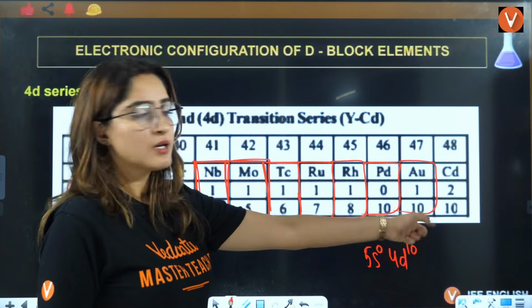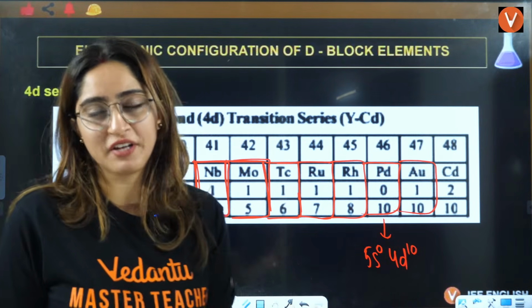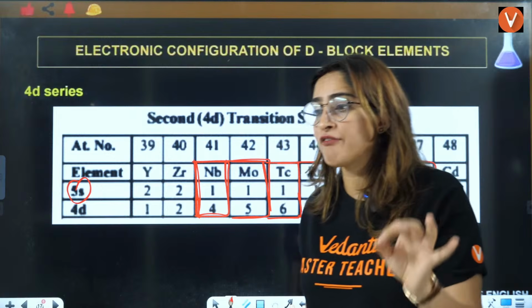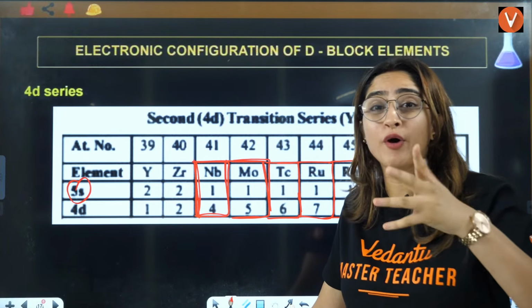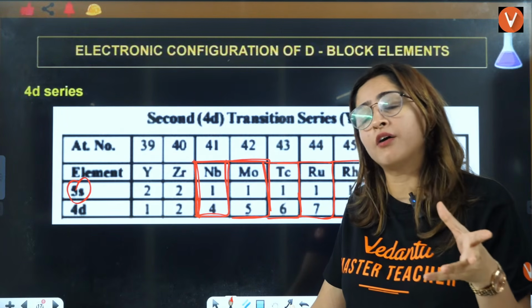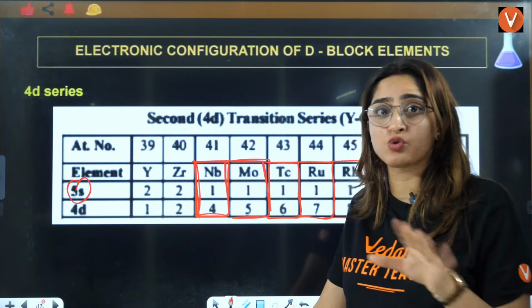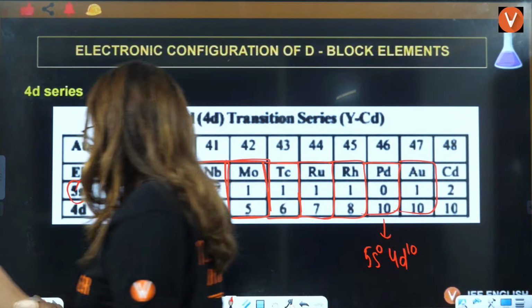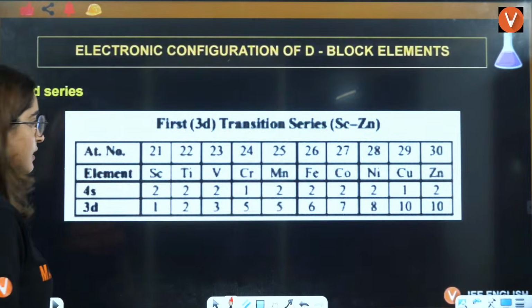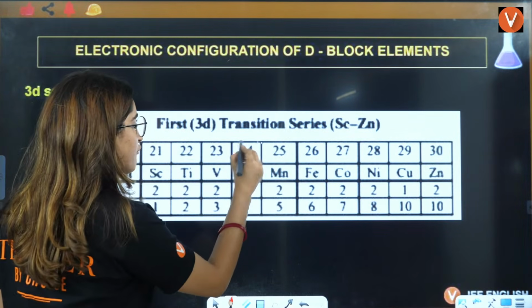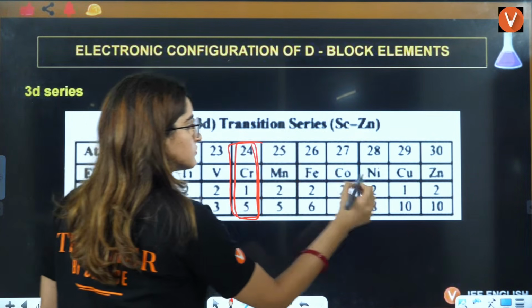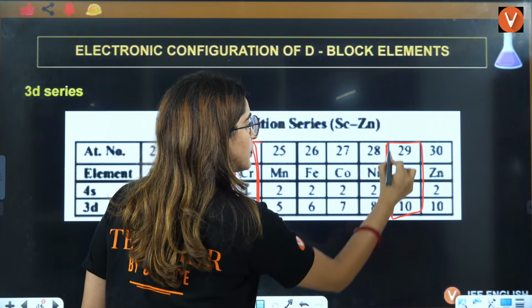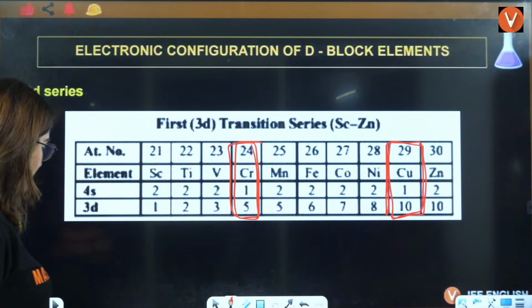So all the electronic configurations which do not have 4s2, 5s2, 6s2 are exceptional. Here we have chromium, copper, exceptional electronic configurations.